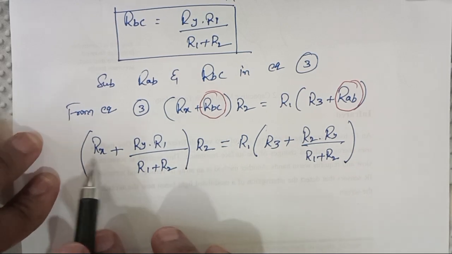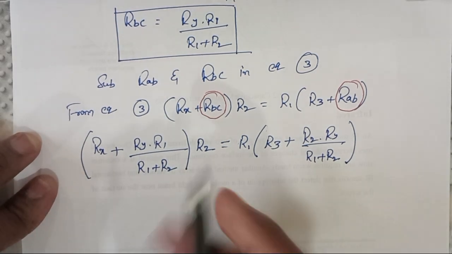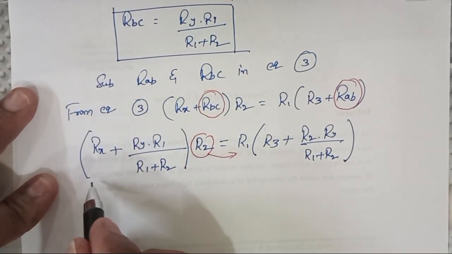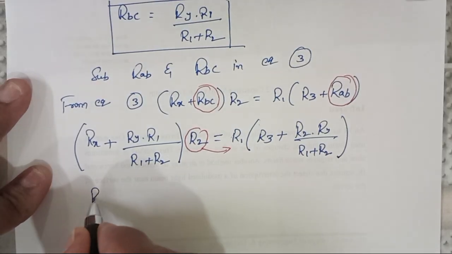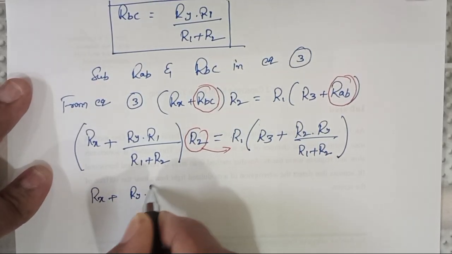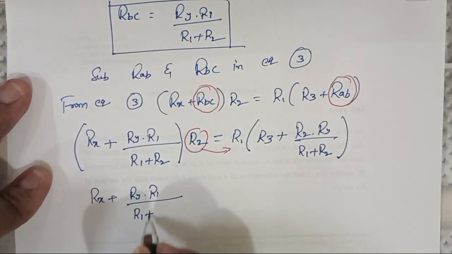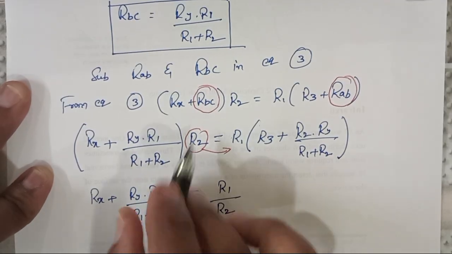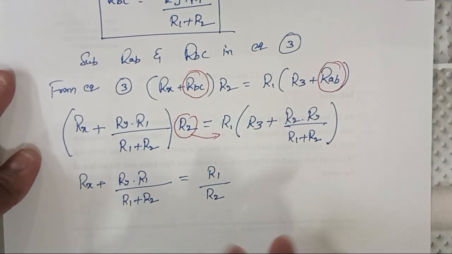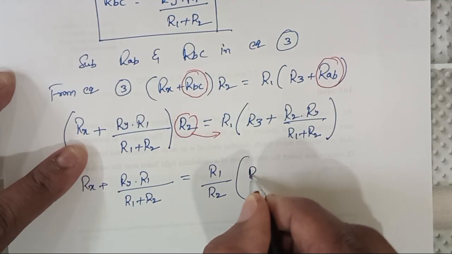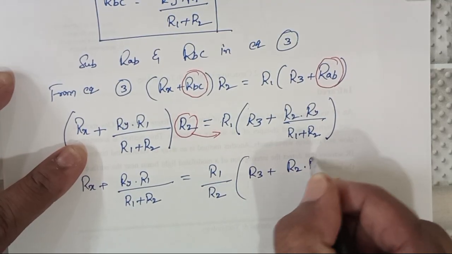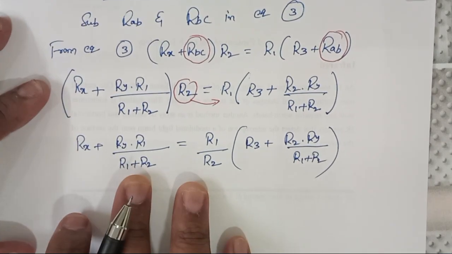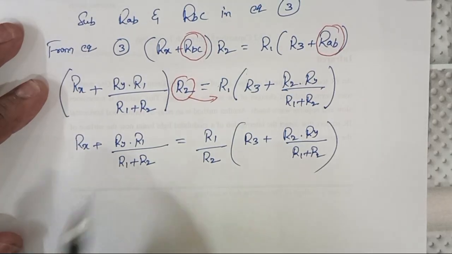So first here I am taking this R2 to this side. So what I am getting is this term as usual, Rx plus Ry into R1 by R1 plus R2 equal to R1 by R2 into R3 plus R2 into Ry by R1 plus R2. Same term. Now look at here.